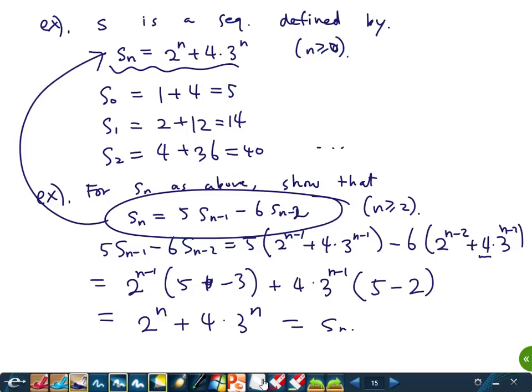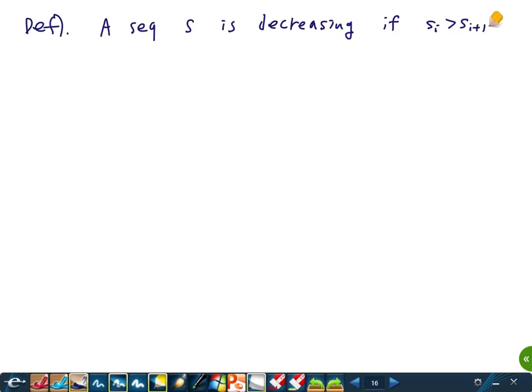Okay, next definition. A sequence S is called decreasing if S_n is greater than the next one. So the next one is smaller than the previous one.